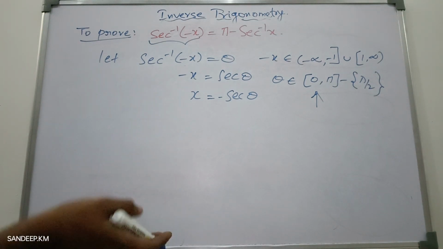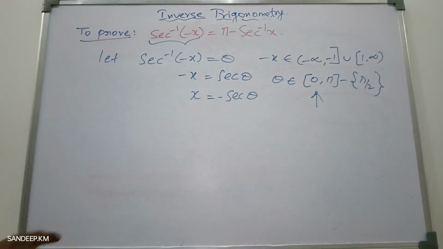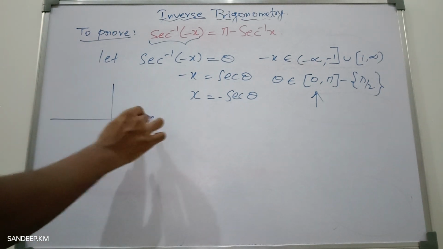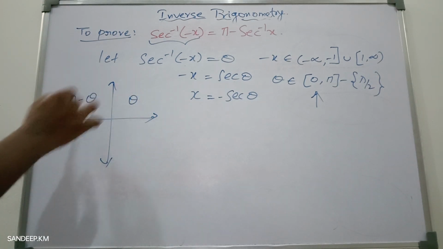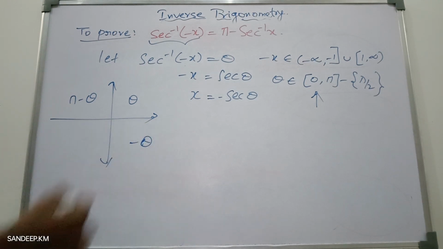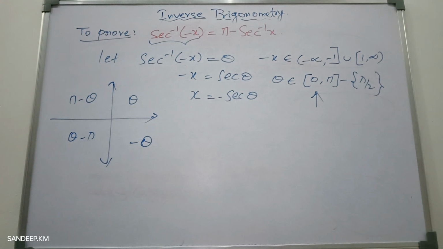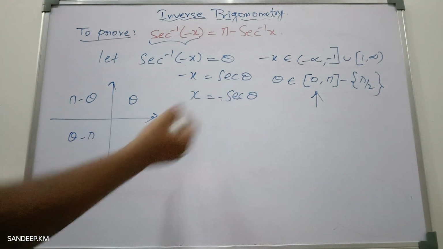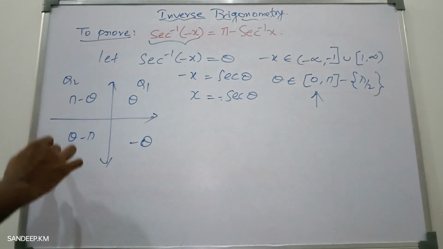Now the next step is the decision making step. Come back to this. First quadrant angle theta, second quadrant angle pi minus theta, fourth quadrant angle minus theta, and third quadrant angle theta minus pi. Where is secant theta negative?